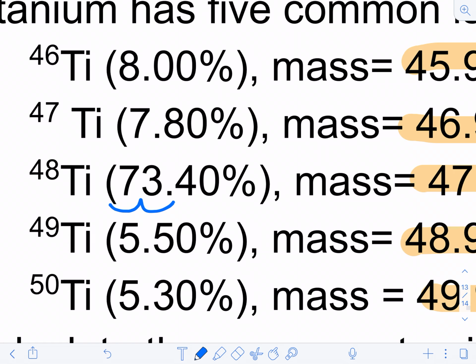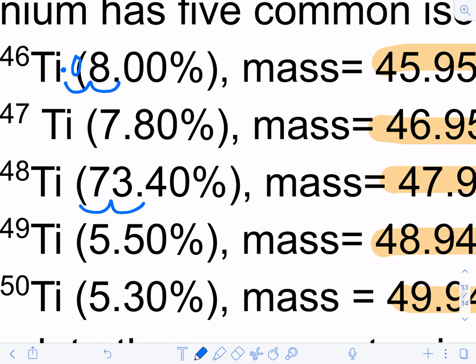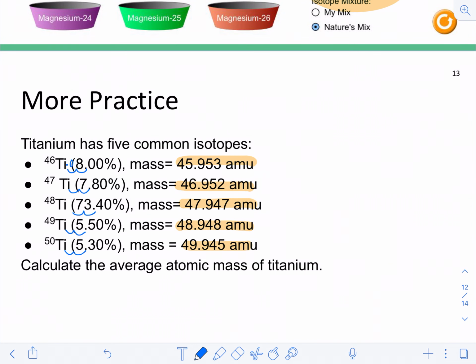So you still want to divide that by 100, take it out of percent form, 1, 2. So the number that you should be plugging into your calculator will be 0.0800 times 45.953. All right, same thing with this number, 0.07, 0.05, 0.05.